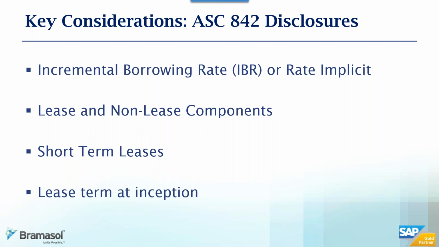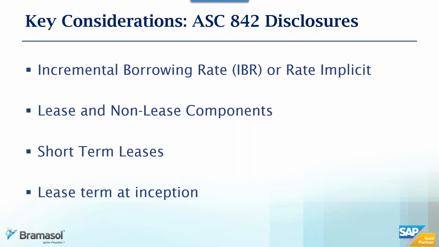So obviously you will have a different IBR for a 30-year lease, like a building, versus a 3-year office machine. The last piece of IBR is you have to differentiate your IBRs based on asset class. That means that essentially you're going to have a different expected IBR for a building lease, different from an office copy machine lease. So those are some of the key considerations for IBR.